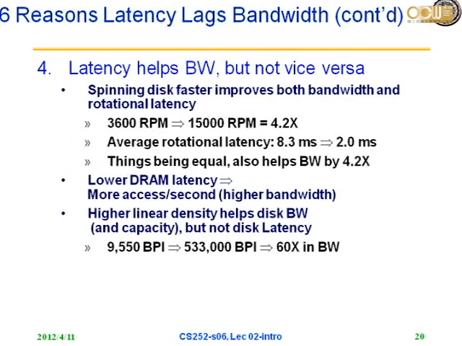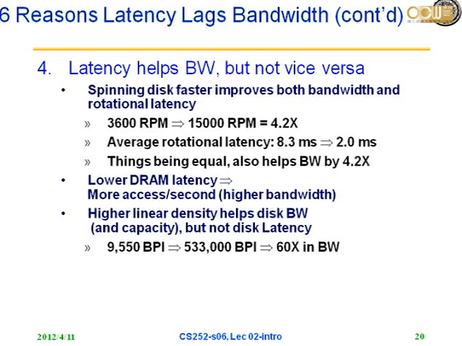Reason number 4, whenever you improve latency, that will help bandwidth. But when you improve bandwidth, that may not help latency. Worse yet, that may even hurt your latency figure. Spinning the disk faster improves both bandwidth and rotational latency.